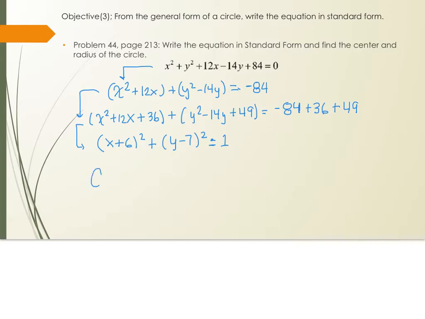So the center is at (−6, 7), and the radius is equal to 1. So we'd like you to try more of these problems. In fact, we've got another problem in the next slide.